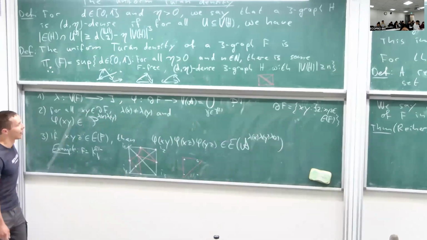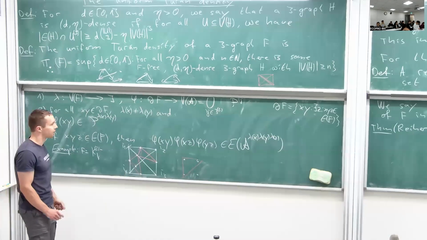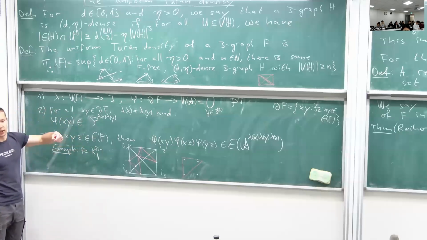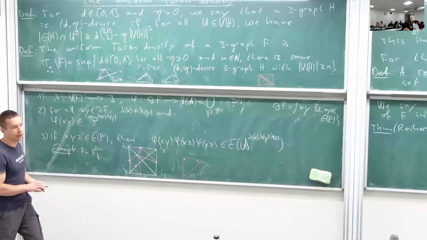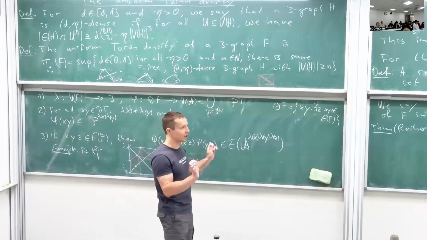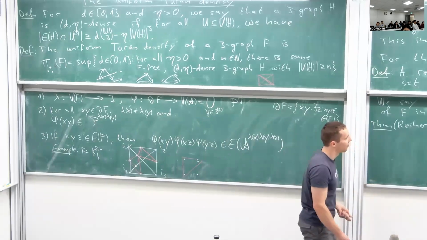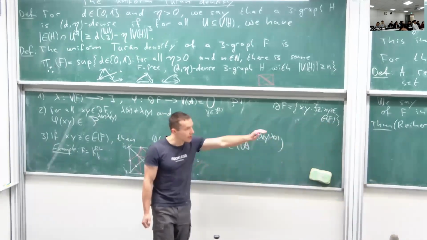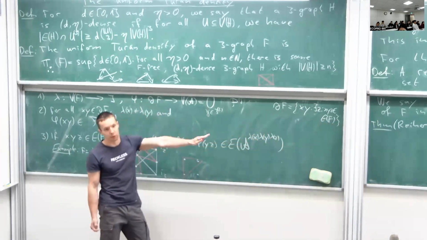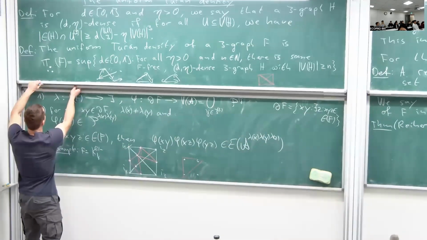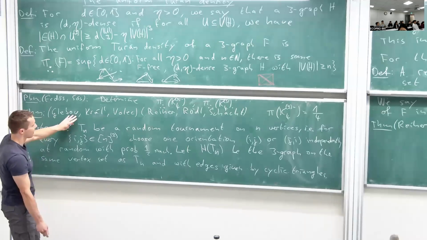And I told you that whenever we have a reduced image, then that allows us, using the hypergraph embedding lemma, to embed F into our H. So this is why it sort of makes sense that now we can just consider this. So now, using this theorem, let's prove this theorem here.